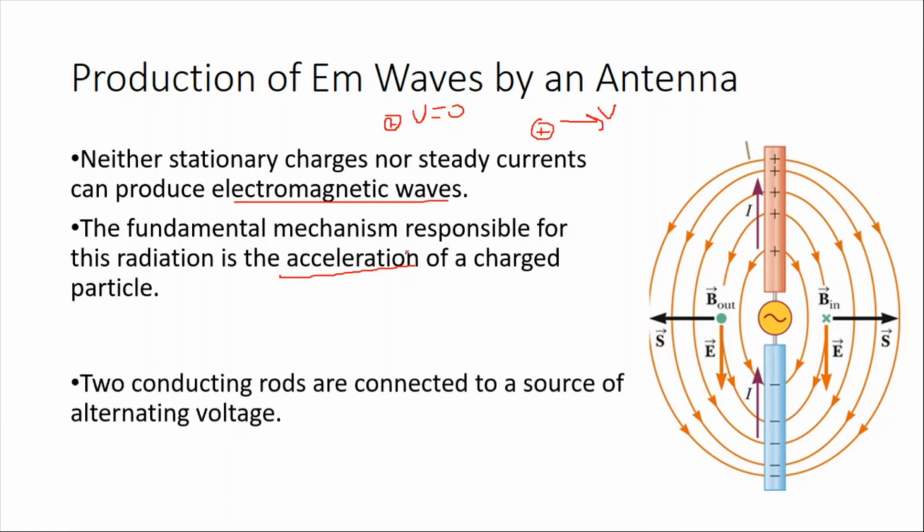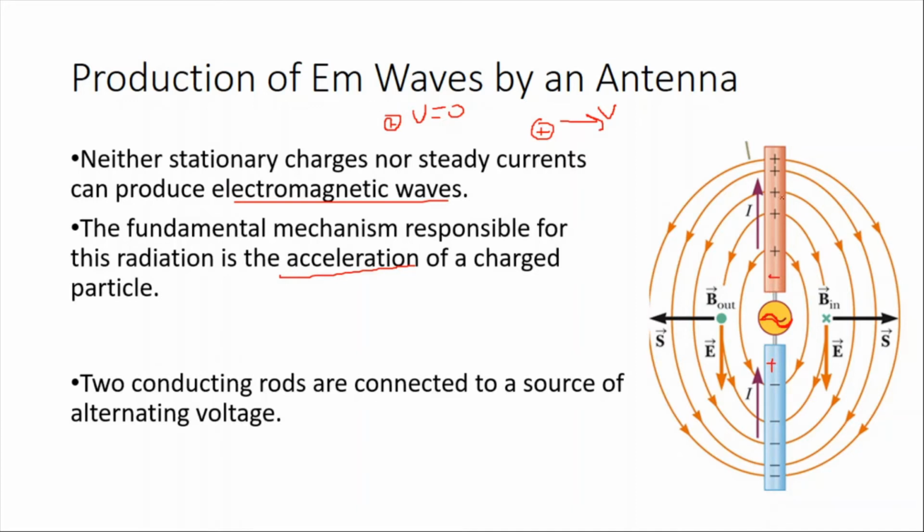Now here, two conducting rods are connected to an alternating source. As the source's polarity changes, these rods are charged positively, negatively. Then this is going to be positively charged, this is going to be negatively charged.